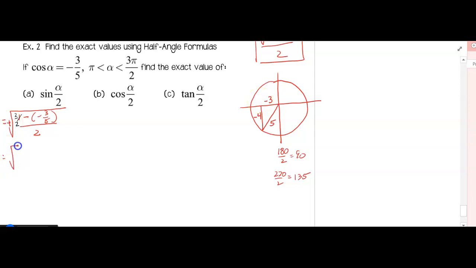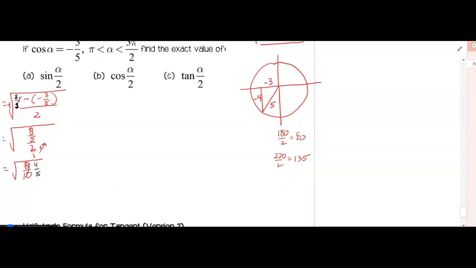All right, so that gives us the square root of 2. This should be 5 over 5. I'm sure some of you caught that well before I did there. So 5 over 5. So 5 plus 3 is 8. So 8/5 divided by 2. It's really 2 over 1. So when I multiply by the reciprocal, it's going to be the square root of 8/10, which is going to reduce to 4/5.